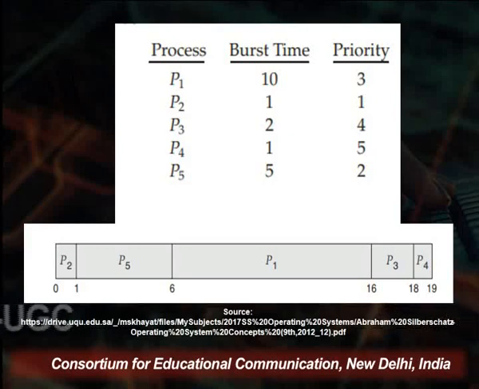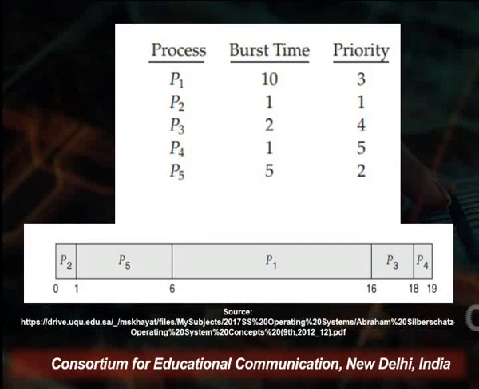That means we are taking priority in the sense of a rank. So P2 with 1 as its priority will be given the first preference. Then we have P5 with 2 as its priority, then P1 with priority 3, followed by P3 with 4, and then P4 with 5 as its priority.